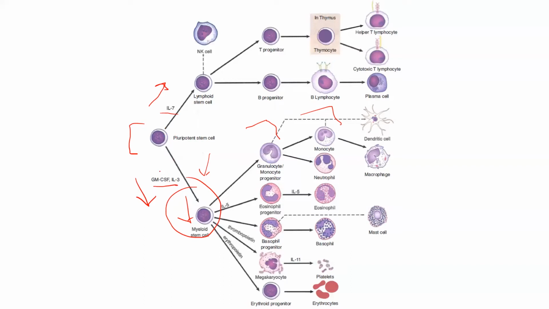The most important is going to be this guy, GM-CSF, or granulocyte-macrophage colony stimulating factor. This is a hormone that will stimulate a left shift, or production or increase of pretty much the end result in most cases, neutrophils, but we'll make some of these other ones as well.